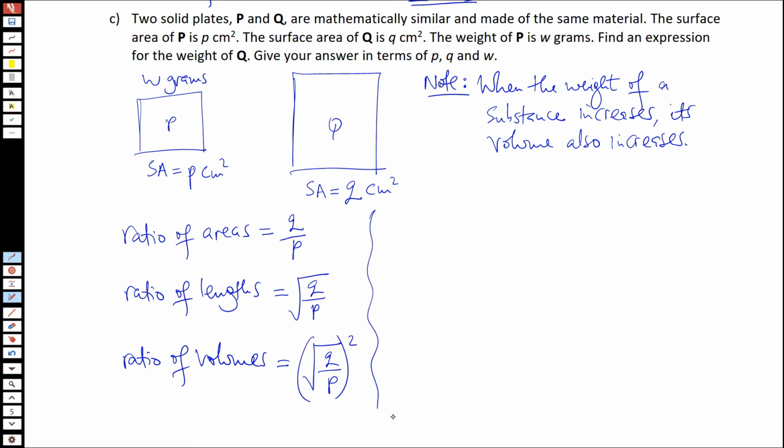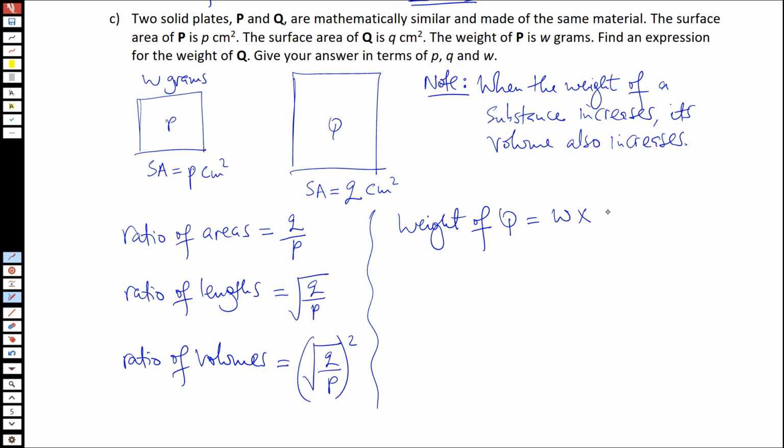This means that the volume of Q is this much times the volume of P. So the weight of Q, which represents volume in this case, will be equal to W, the weight of P, multiplied by the ratio of the volumes.